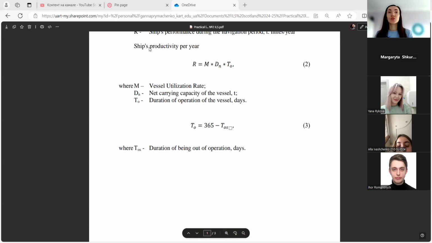Formula number 2, it is ship's productivity per year, and we write R, such parameter as R, it is ship's productivity per year.